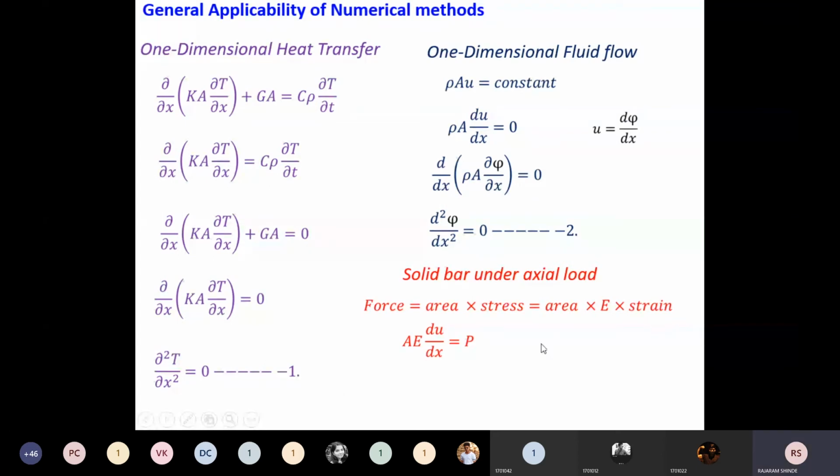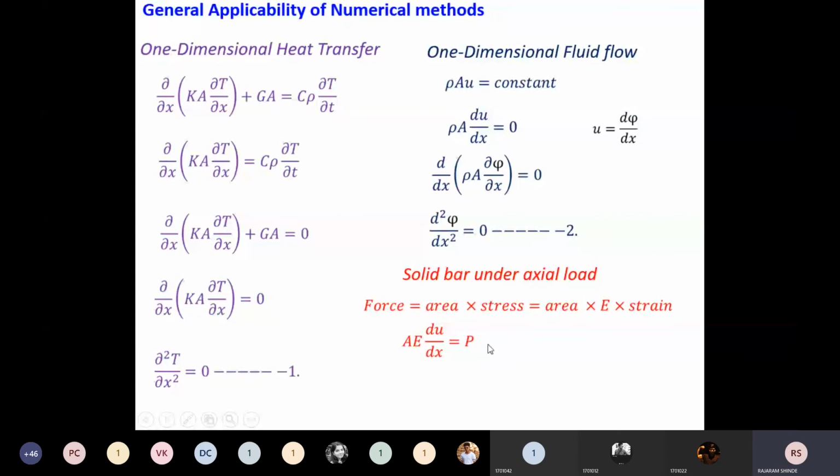I can replace strain by change in length upon original length, or I can replace this by change in displacement with respect to x. Can I write this A area into modulus of elasticity into strain equal to P, force? Do you agree with this? This I have written in the mathematical form. Strain is your deformation per unit length, and deformation we can write in terms of the change in displacement with respect to length. Therefore, your force equation becomes AE du by dx.